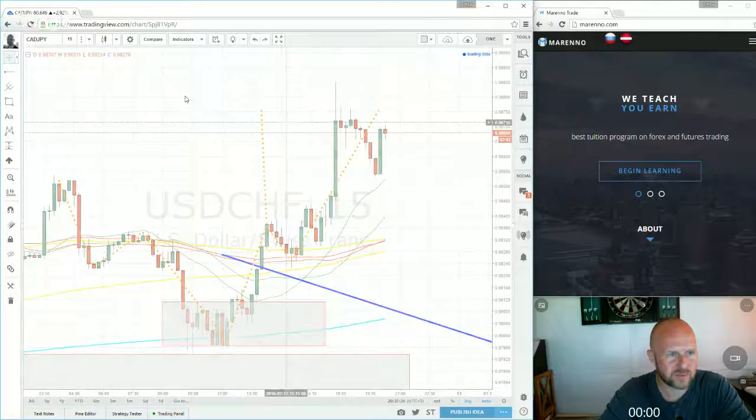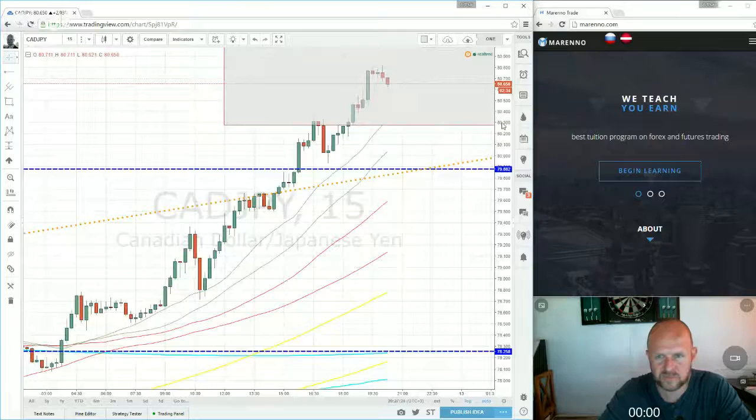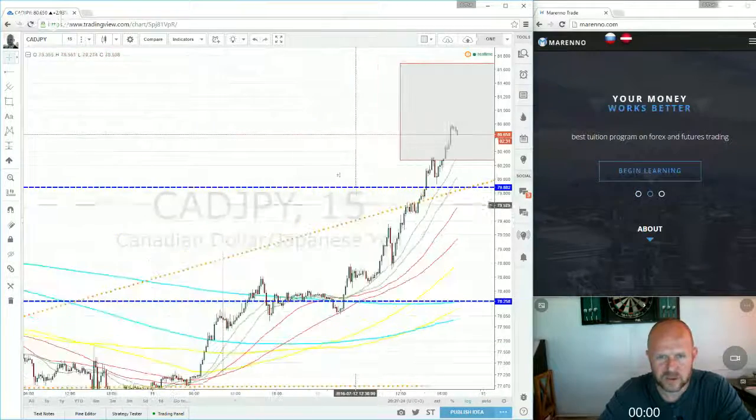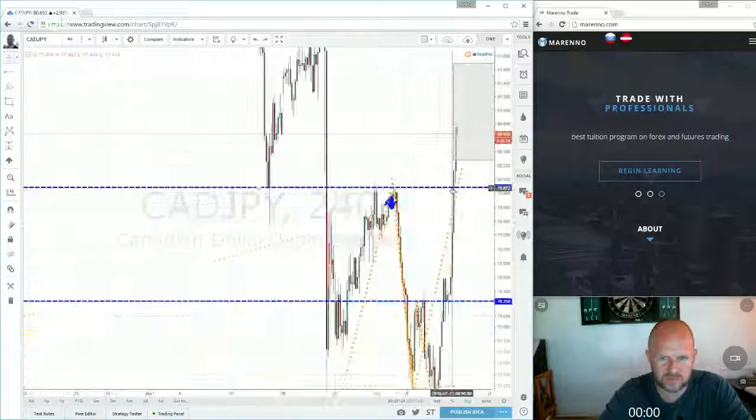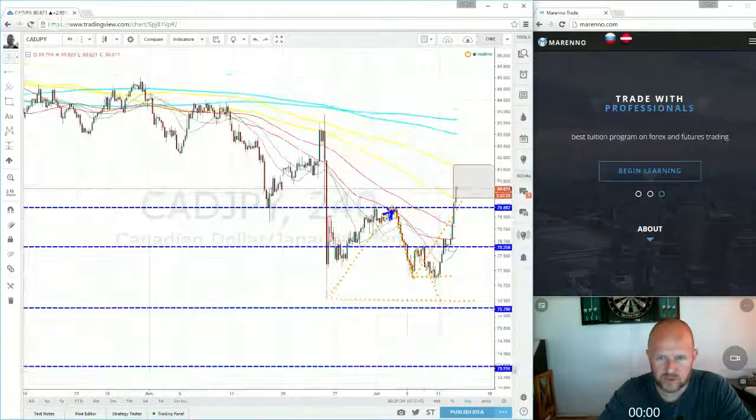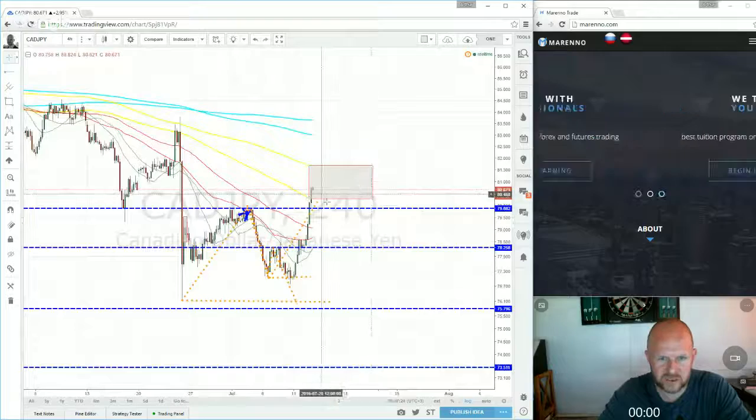Okay, the next one, CAD yen. Okay, it's a 15-minute chart. Let me switch to 4 hours. We do have a reversal area here.